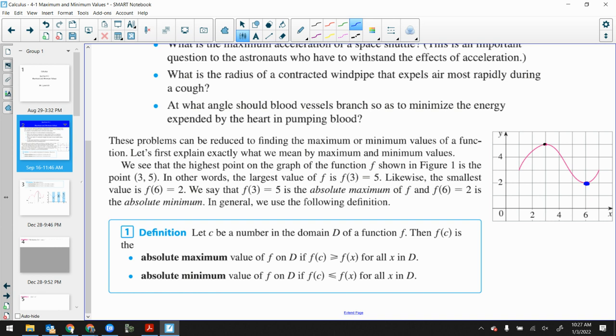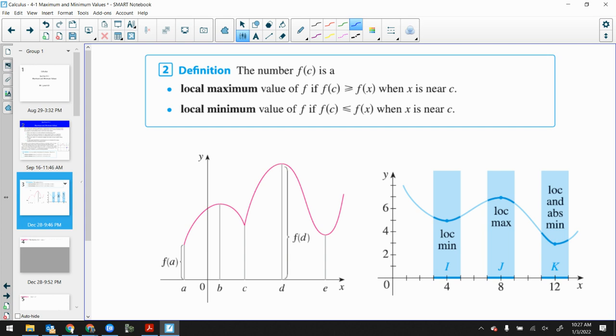Okay. Now, we can also have these things because there are often little peaks and valleys within any function, right? So how do we talk about those? Well, we talk about those in terms of local minimum or maximum values of the function. Now, how does that change the definition? Look at local maximum.